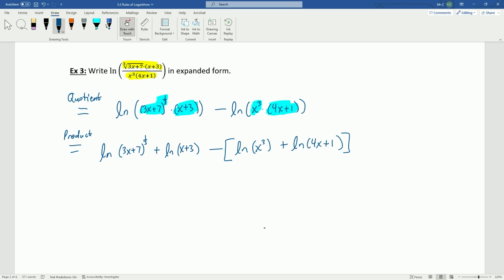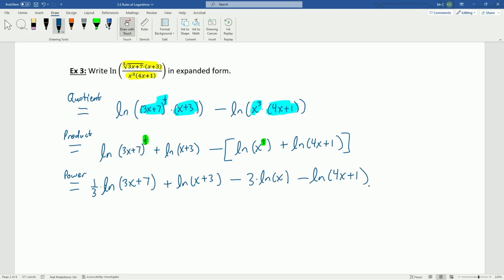Okay, and now what do we see? Well, we see in this expression, we still have a power, and in this expression, we have a power. And so now we can apply the power property. That gives us 1/3 the natural log of 3x plus 7 plus the natural log of x plus 3 minus, now I'm going to distribute this negative in this step, so minus 3 times the natural log of x minus the natural log of 4x plus 1.